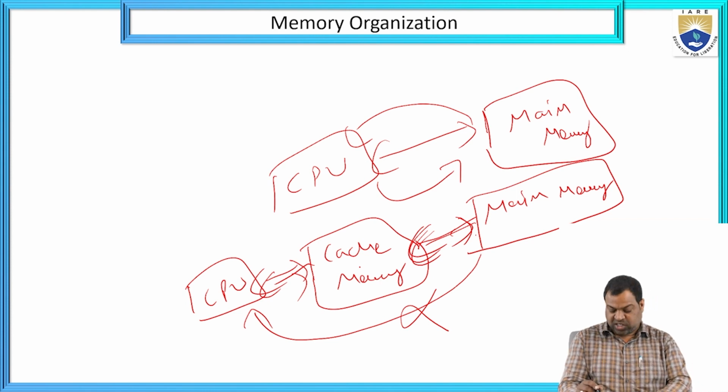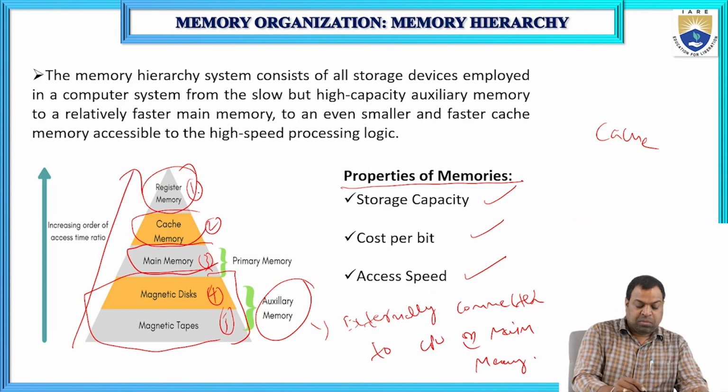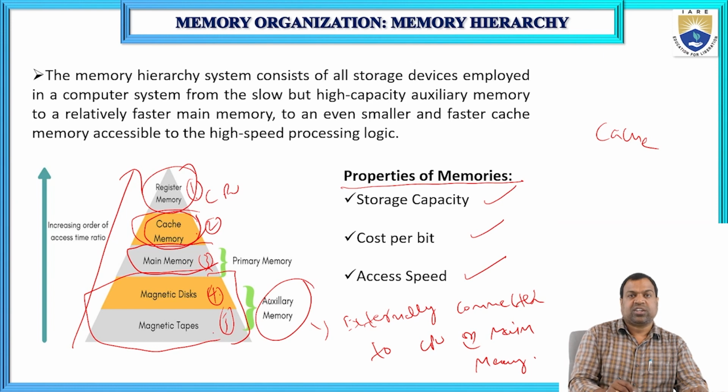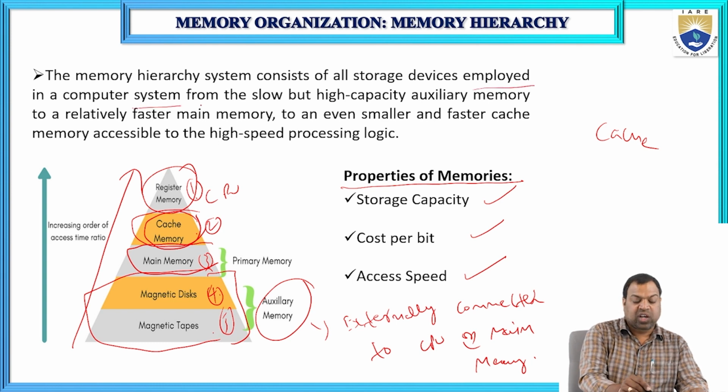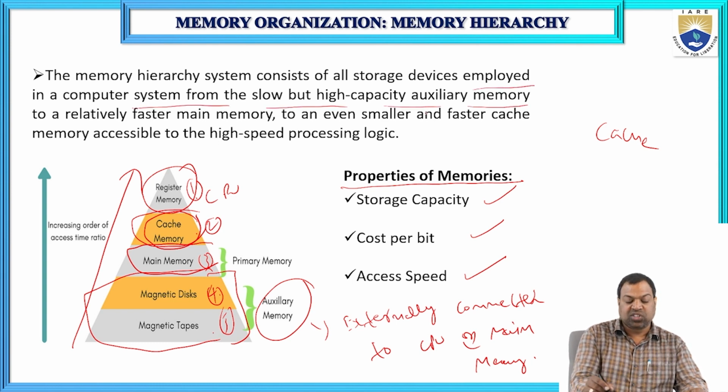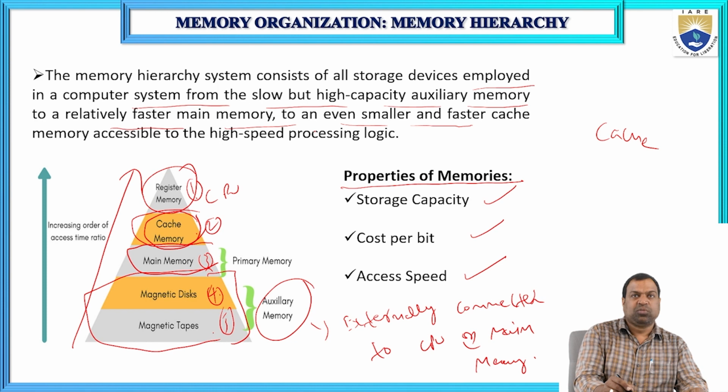Here register memory, cache memory. So between the CPU and main memory, cache memory is connected. Magnetic disk and magnetic tape are externally connected. Those are called secondary memory or auxiliary memory. So the computer system's storage devices range from the slow but high capacity auxiliary memory to a relatively fast main memory to an even smaller and faster cache memory accessible to the high-speed processing logic.